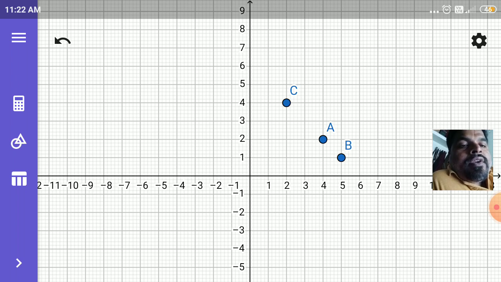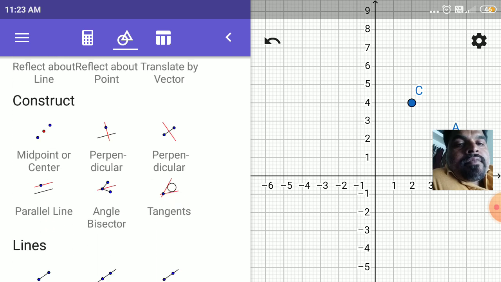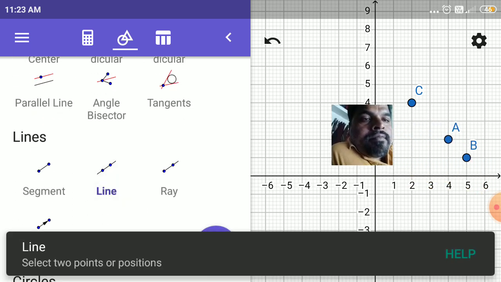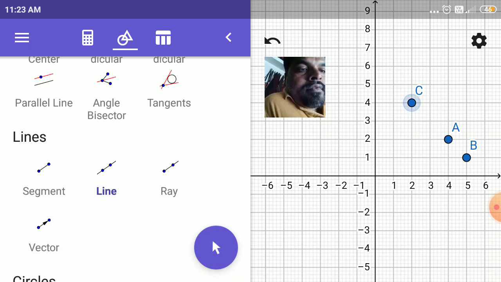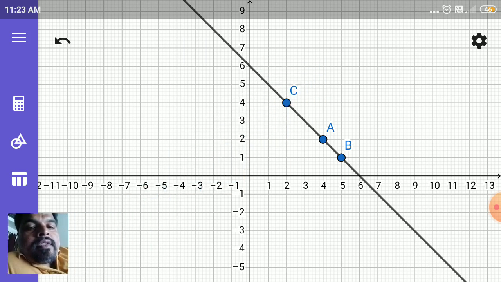Now we draw the line passing through the 3 points. Now this is the graph of the given equation x plus y is equal to 6.